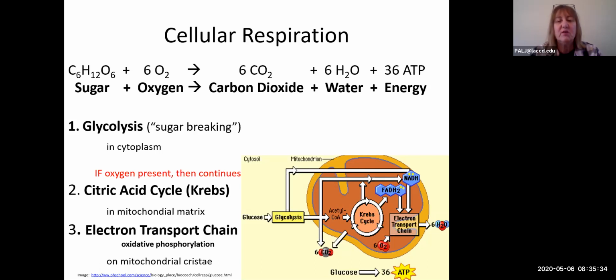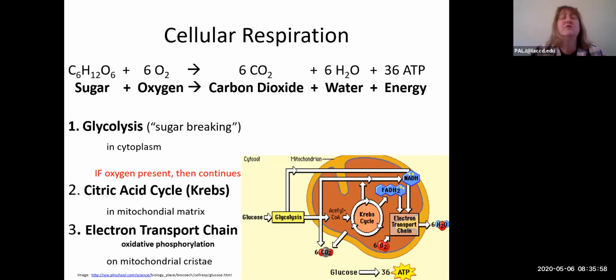This is not a chemistry class. The net result is we are going to have some carrier proteins, NADH and FADH2, being produced. And those molecules then will enter the third step, which is the electron transport chain oxidative phosphorylation step.